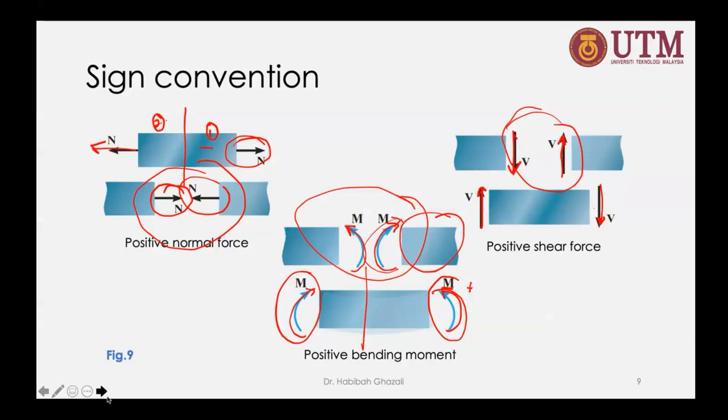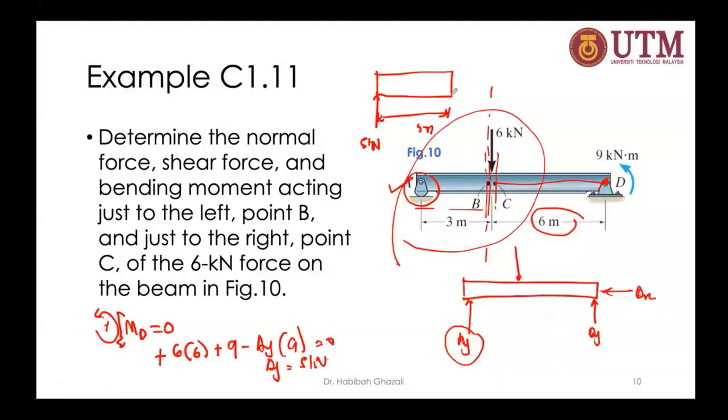If you take the left side, you use this positive sign convention. If you take the right section, you use the right section positive sign convention. So here, the positive will be NB, and this is VB, and the bending moment will be MB.